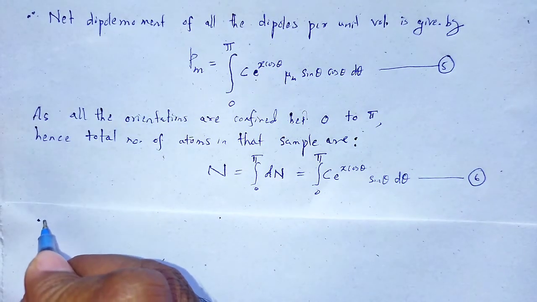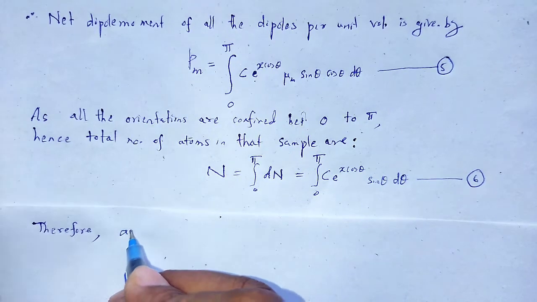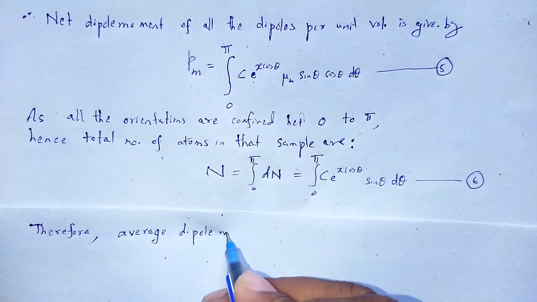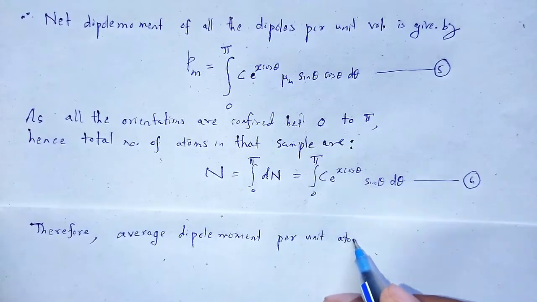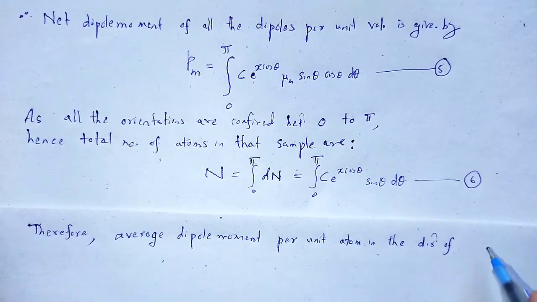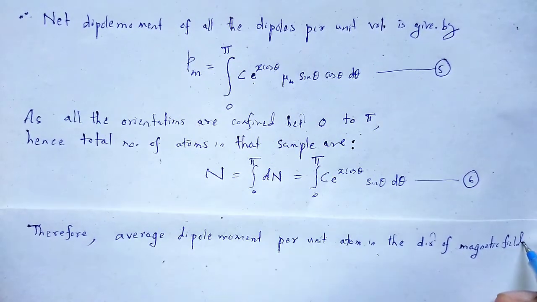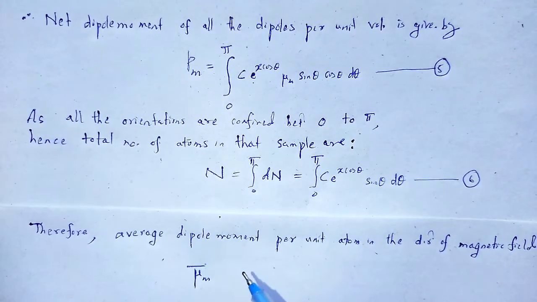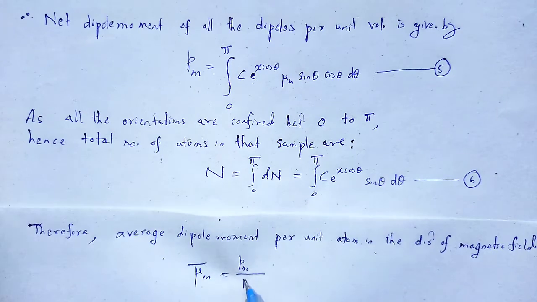The average dipole moment per atom in the direction of the magnetic field, mu m bar, is equal to Pm divided by n.